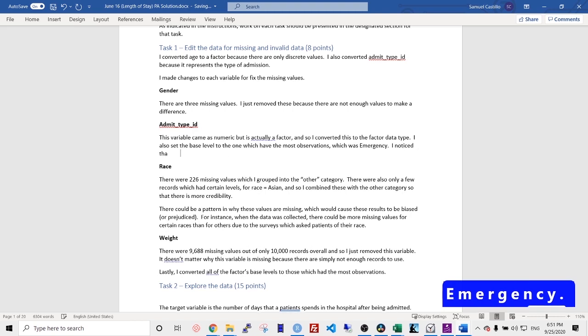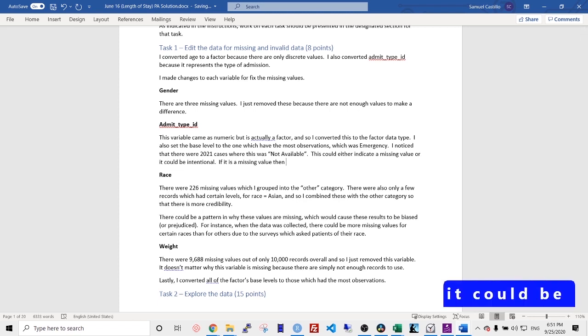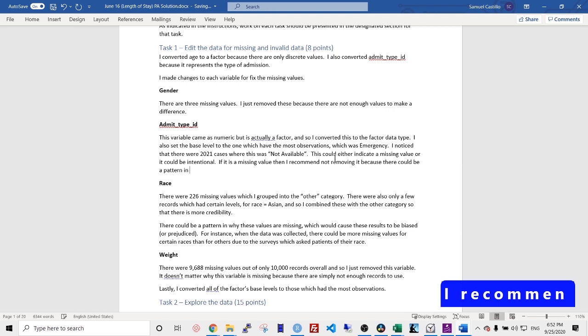I noticed that there were 1,021 cases where this was not available. This could either indicate a missing value or it could be intentional. If it is a missing value, then I recommend not removing it because there could be a pattern in the missingness.